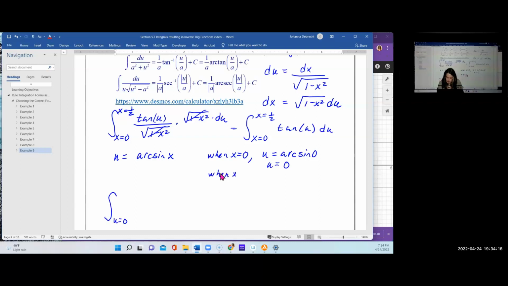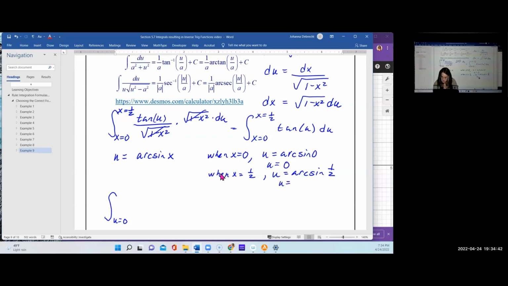When x is equal to 1/2, then u is equal to the arcsine of 1/2. This is the angle between negative pi over 2 and positive pi over 2 whose sine gives me a positive 1/2. Because it's positive, it has to be in quadrant 1. And because it's 1/2, the angle has to be pi over 6.